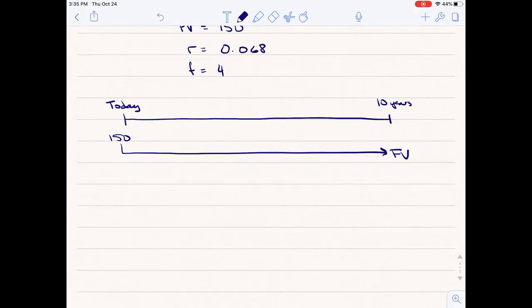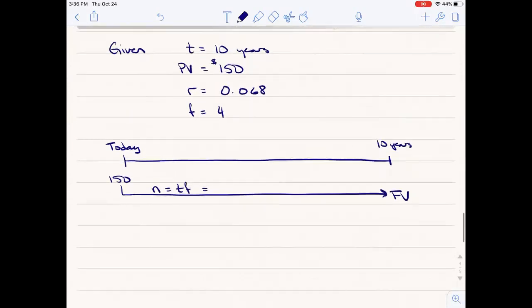But now on the arrow, and it's nice because we've got lots of room, we're not going to have T, we're going to need to have N, the number of compoundings. And so what I like to do is just on the arrow, assuming I have room, I just do N equals time times the frequency, and then I can just calculate it here on the arrow. So N is time times the frequency, which in this case, T is 10 years, times the frequency, which is 4, which means we have 40 compoundings.